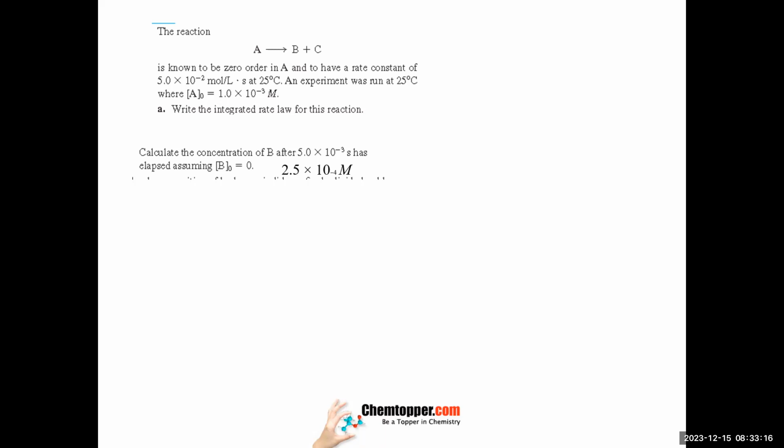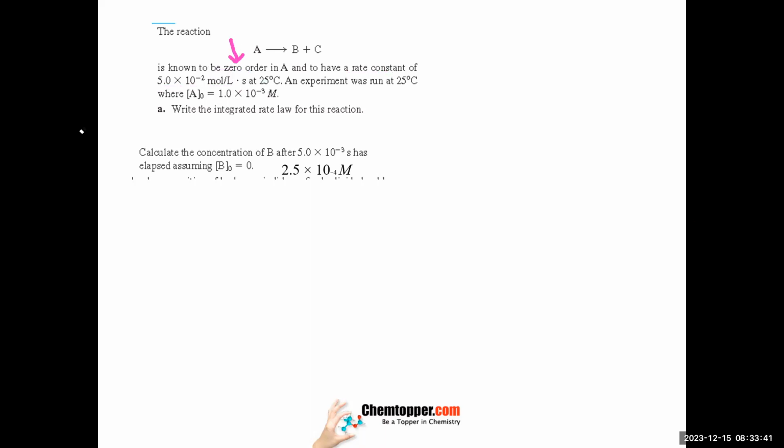Check this question. This is another question. Same story every time. Read the question. The rate constant is given with units. They are not telling me whether, oh, they have already said, okay, fine. It's very simple, it's zero order.